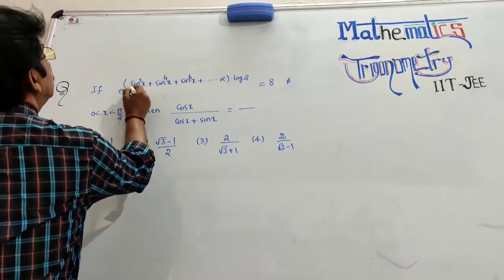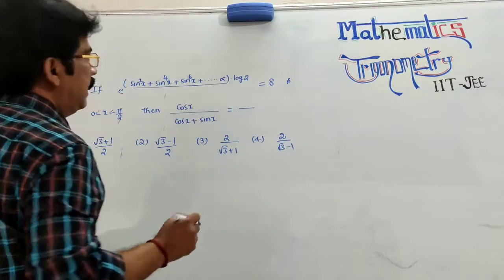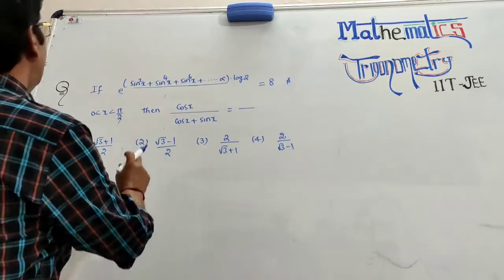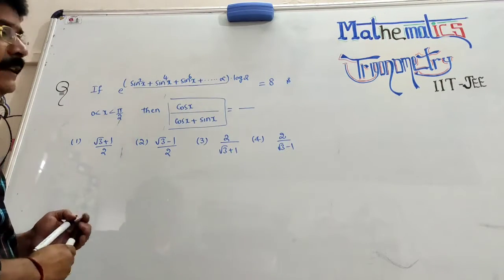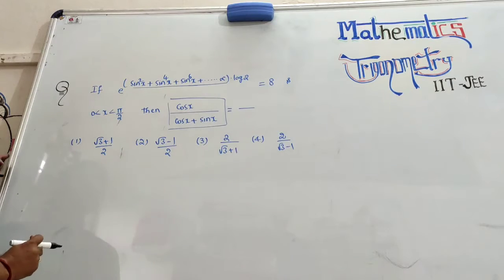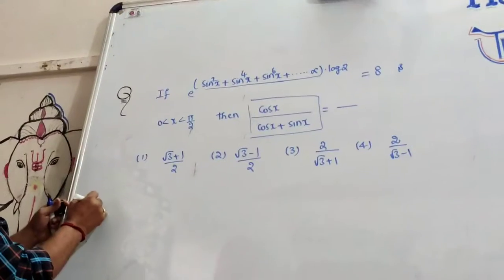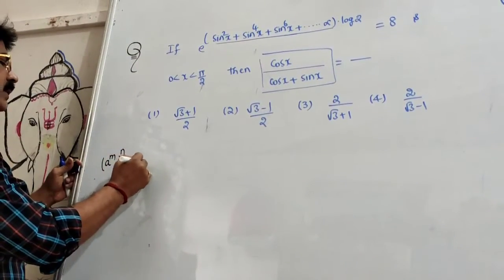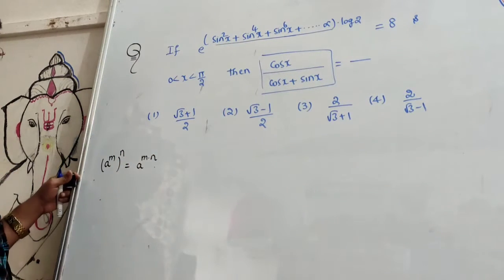Understand? Next question. e to the power of sin square x plus sin to the power of 4x plus sin to the power of 6x plus and so on, into log 2, is equal to 8. Then find the value of cos x divided by cos x plus sin x. Actually, we have the basic formulas in indices. a to the power of m whole to the power of n is equal to a to the power of m into n. It is the first formula.